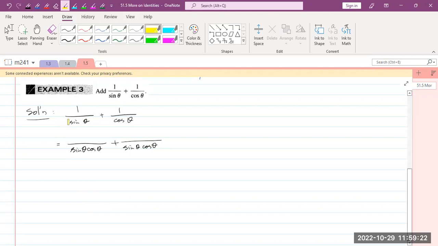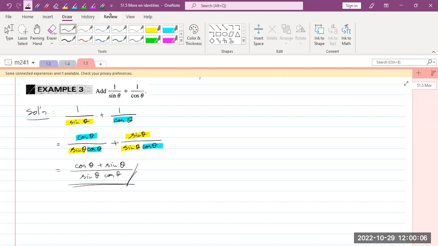For the first fraction, we already have sine theta, so I need to multiply top and bottom by cosine theta. Likewise, the second fraction, we already have cosine theta, so we need to multiply by sine theta. The reason we need the LCD is so that we can put them together under one fraction. Cosine theta plus sine theta over the common denominator, sine theta cosine theta.